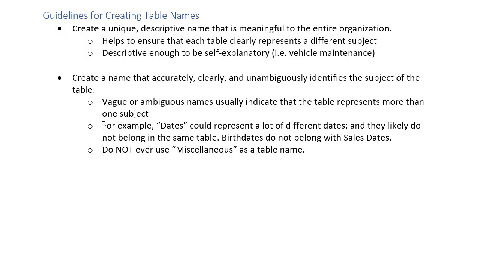An example might be the word dates. Well, there's a lot of different types of dates. So an example here would be birth dates. Well, birth dates don't belong with the sales dates. And so you make sure you give it a descriptive name that everybody will know and understand what that means.